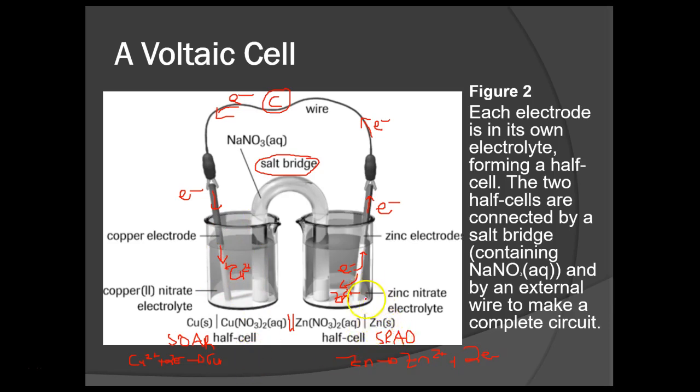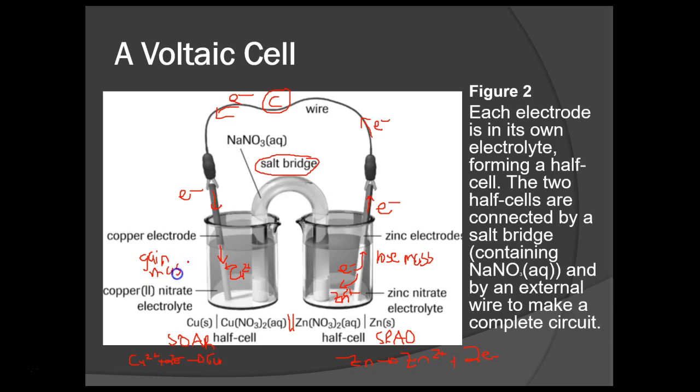So we're creating zinc ions over on the oxidation side, and we're losing copper ions on the reduction side, and actually making solid copper on the copper electrode. So we're going to lose mass on this side, and we're going to gain mass on the electrode on this side.